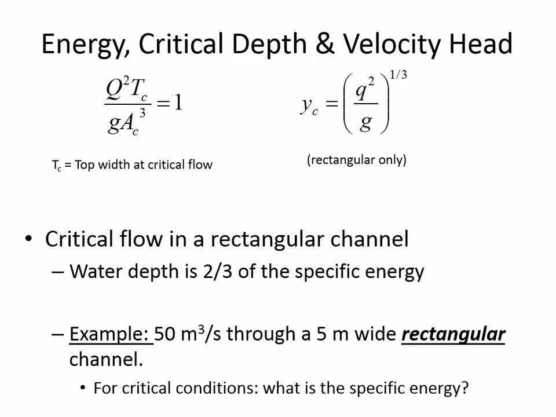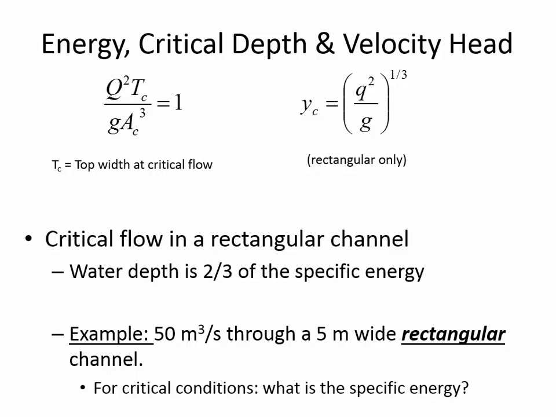We're running a little bit low on time, so I'm not going to prove that to you, but let me just put the number up on the whiteboard. For this example, what it ends up showing is that if you've got Q equals 50 cubic meters per second, and the channel is 5 meters wide.